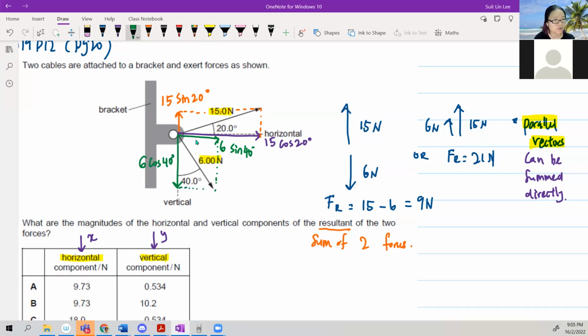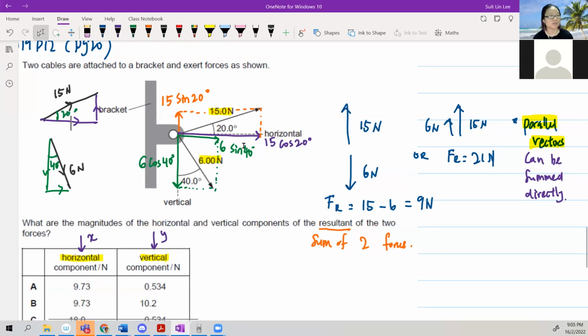And of course, the arrow is here. So if it makes you feel better, you can obviously draw it this way: 15 followed by this and this, just like down here, you have 6 followed by this and this. It's just that this is the 40 degree, and this is the 20 degree. The 20 degree is made with the horizontal, and the 40 degree is made with the vertical.